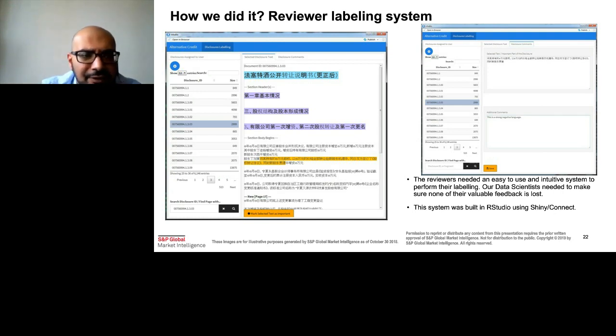And as you can see here, they go in disclosure by disclosure. They allow for classification of that disclosure at the article and section level, and they can attribute particular sentences to why they classified that section the way they did. So this way we generate our own data, and a lot of the feedback can be used when we go into the network itself and the training series.